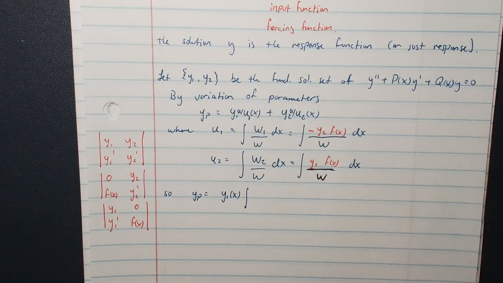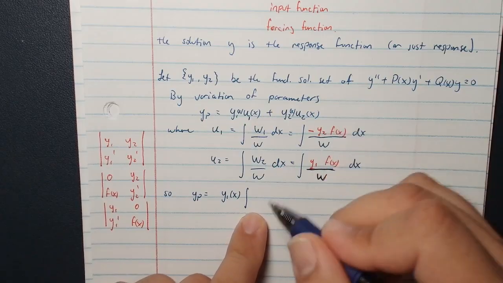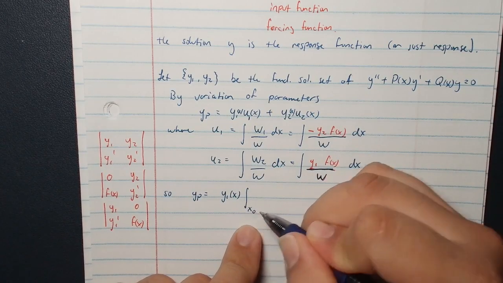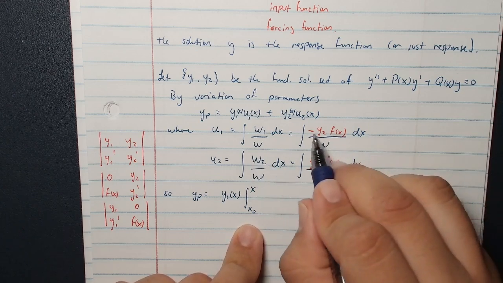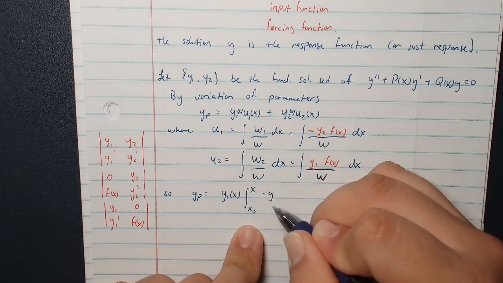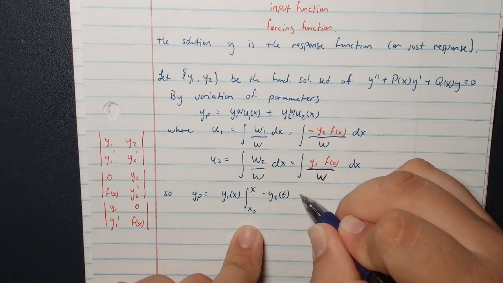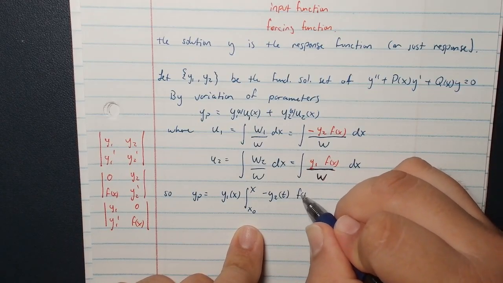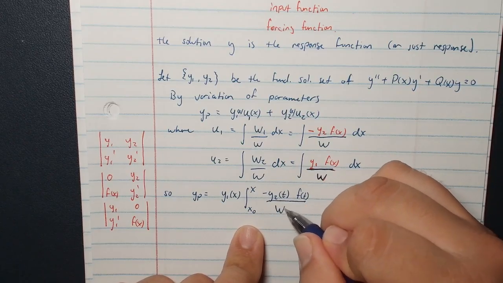Now what we're going to do is use the fundamental theorem of calculus. We're going to write this first integral as the integral from x naught up to x of minus y sub 2 of t times f of t over w of t.